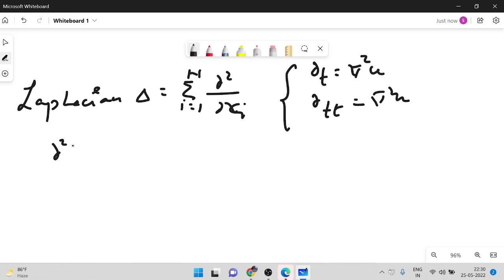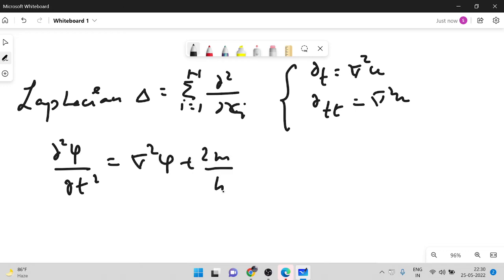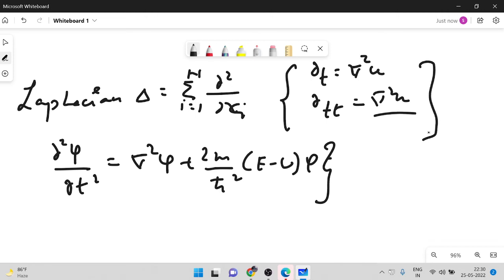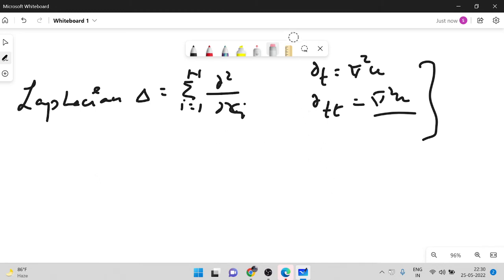If you remember the Schrodinger equation, dou square by dou t square is equal to del square phi plus 2m by h bar square into E minus U of phi. So this is the Schrodinger equation. In the realm of physics you find the Laplacian operator coming left and right. So let us try to understand the fundamental solution of the Laplacian operator.